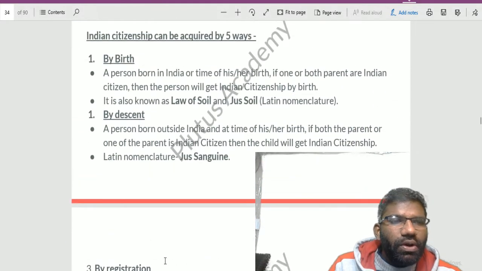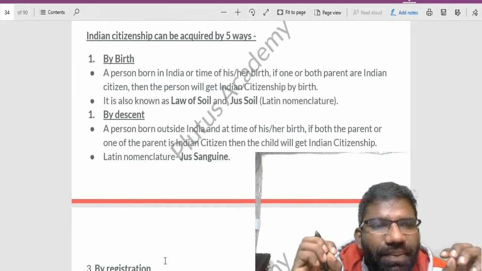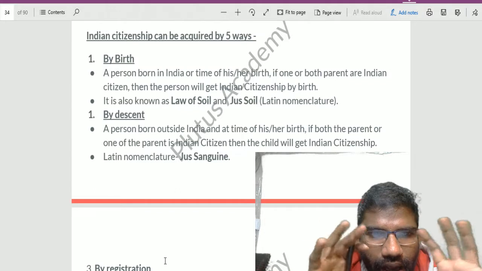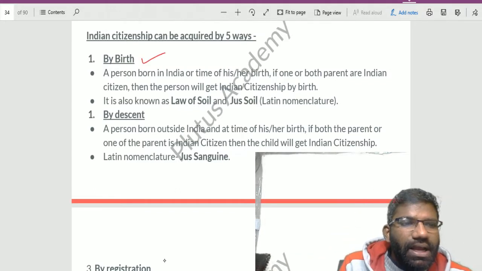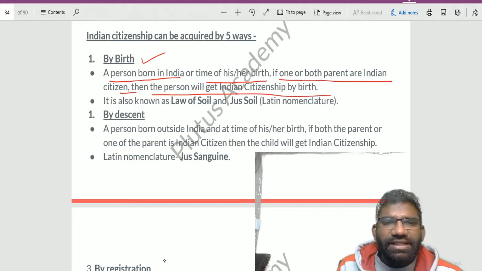Now, we will analyze how Indian citizenship can be acquired. Number one, by birth. A person born in India, at the time of his or her birth, if one or both parents are Indian citizens, then the person will get Indian citizenship.